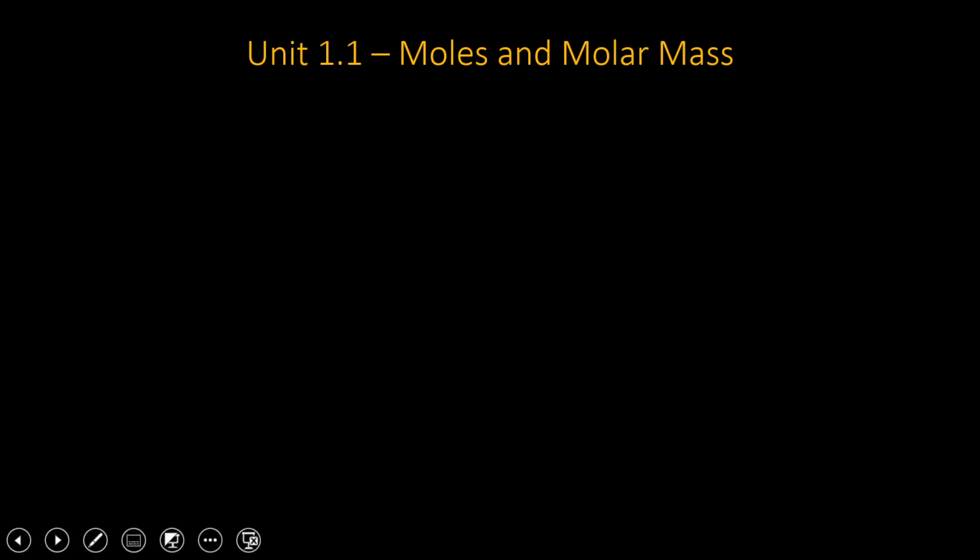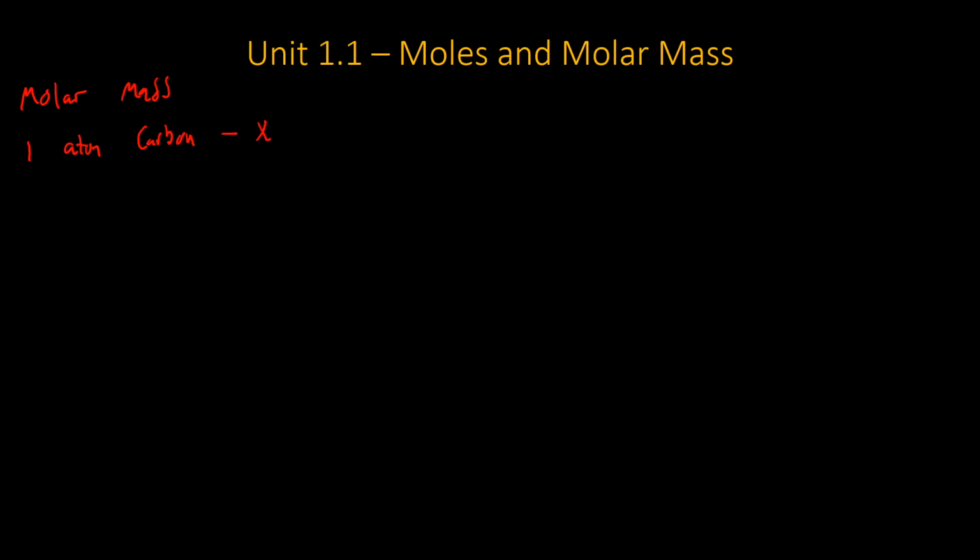Lastly, we're going to have the idea of a molar mass. So, what is a molar mass? Earlier, we were talking about carbon and how if you had one atom of carbon, it's going to have a certain weight, X weight in AMU. And then 1 mole of carbon has a certain weight, X weight in grams.